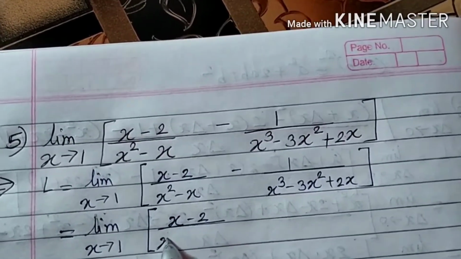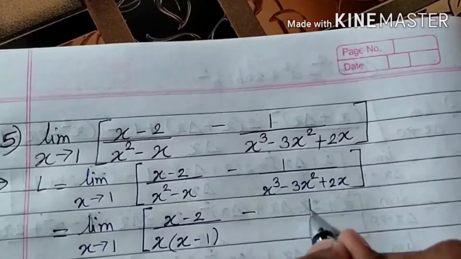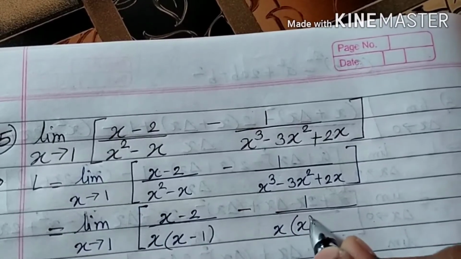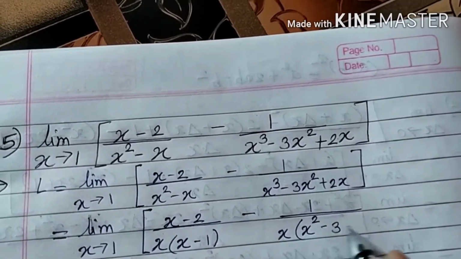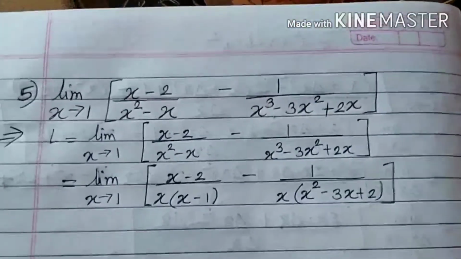Take x common, so x minus 1. Here is minus 1. Here also take x common, so the remaining terms are x square minus 3x plus 2.